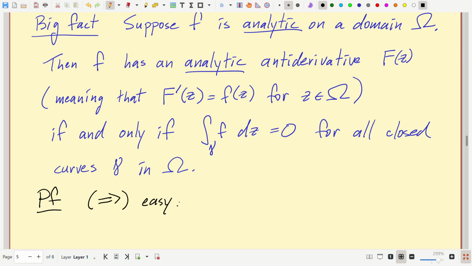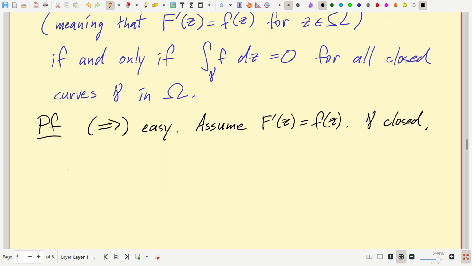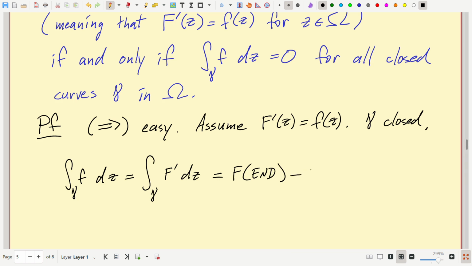So that's meaning we assume F prime equals f. That's what this direction means. Assume capital F prime of z equals f of z, and assume gamma is closed. Then when I calculate the integral of f around a closed curve, that's going to be the integral of a derivative, and that's going to be F at the end minus F at the start.